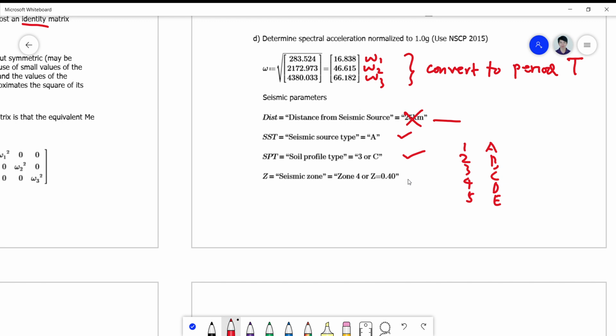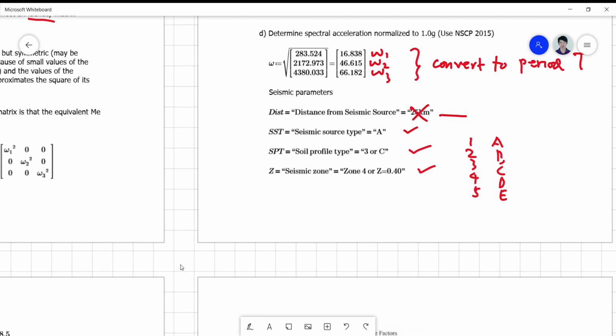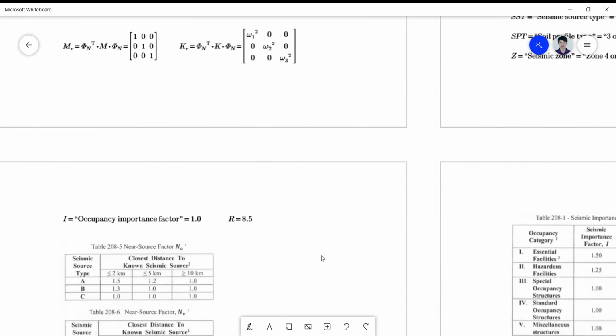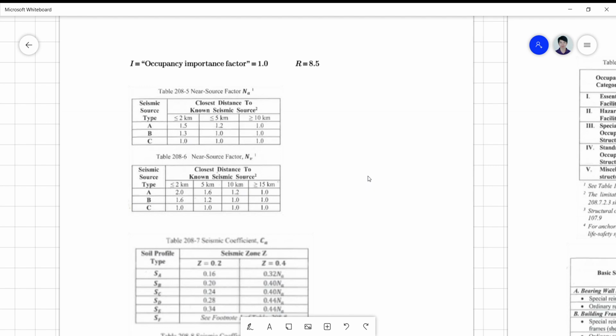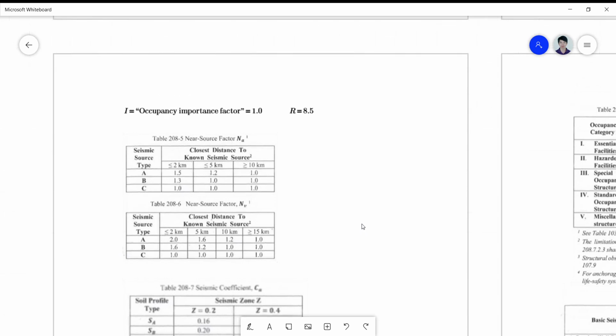So the seismic zone factor is 0.4. So those are the things we need to know before we solve for the other parameters. So the occupancy factor is 1 and R is 8.5. Okay, so let's take a look at seismic type A. I think the source distance is equal to 2 kilometers.